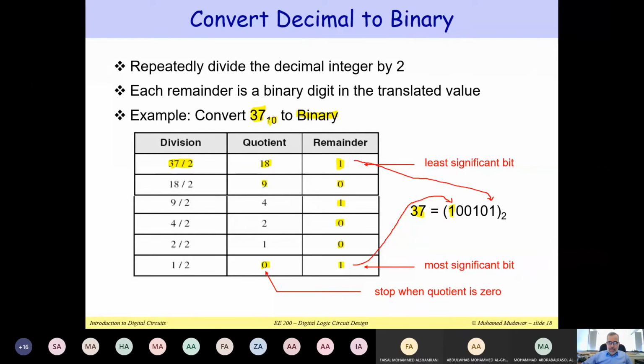The radix is 10. When the radix is 10, it means that the number is in decimal. You don't really have to write it because it's very clear. When you write 37, it means it is a decimal number. But I'm writing 10 to indicate that this number is in decimal. That's the radix, okay?